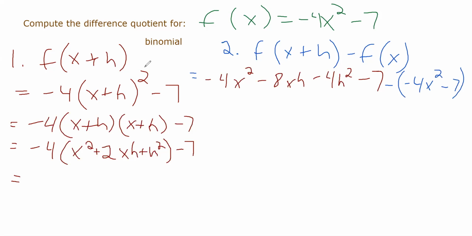And you're probably starting to notice a pattern. When you do this step, some things are going to fall away, and that's exactly right. We're going to end up distributing this subtraction here. So this is actually going to become plus 4x squared.